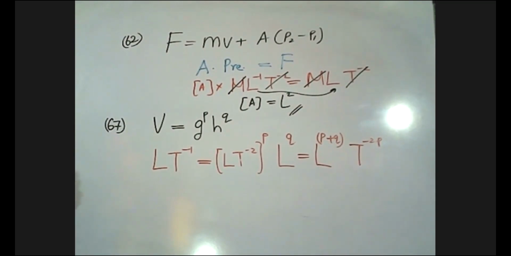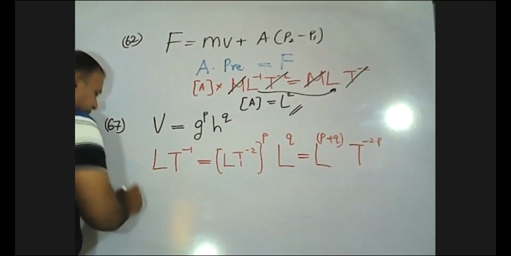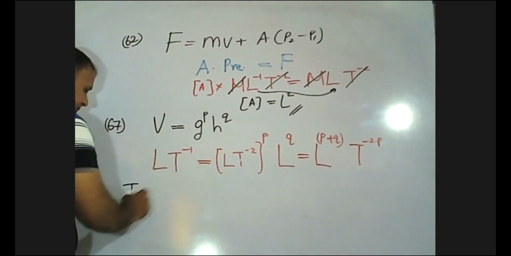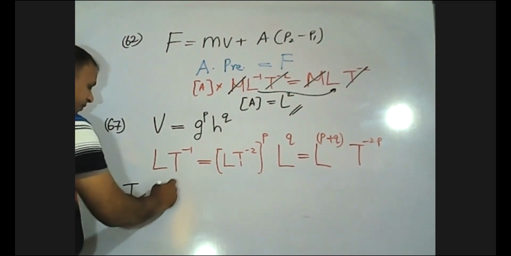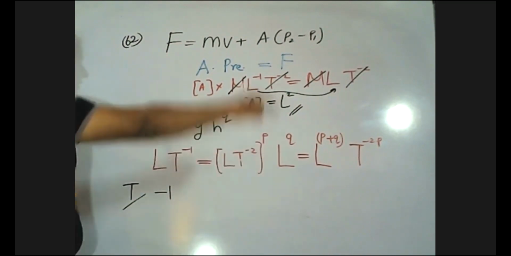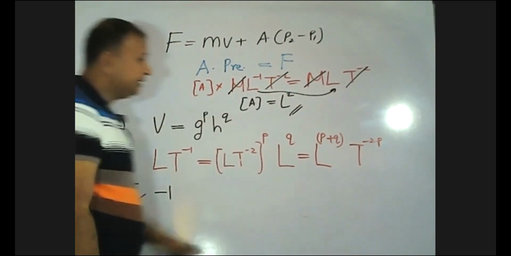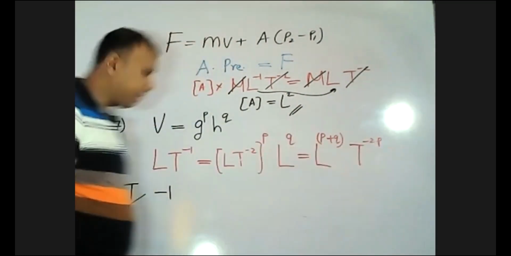Then I can equate the powers of equal bases. If I equate the power of t, the left hand side has minus 1 and the right hand side has minus 2p.